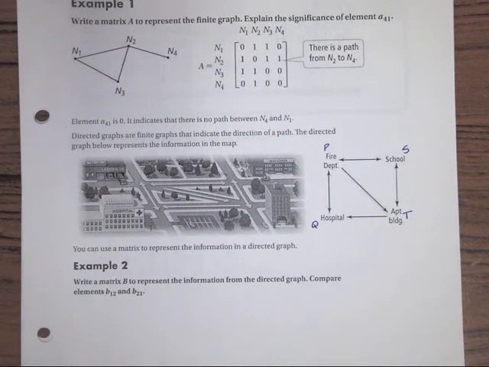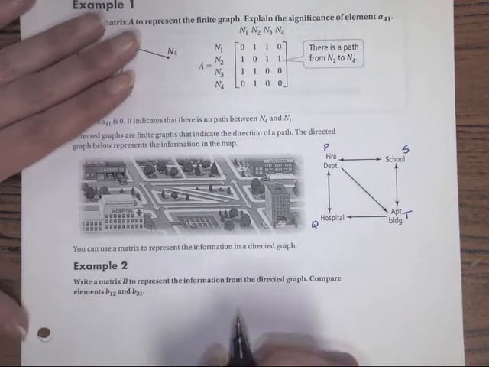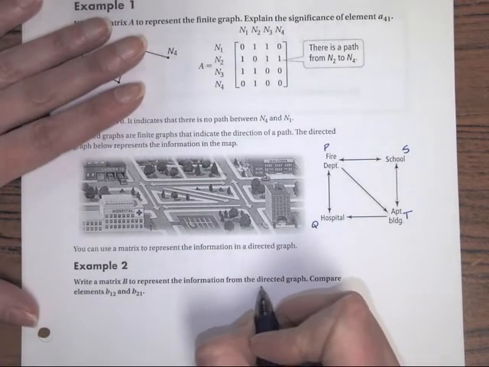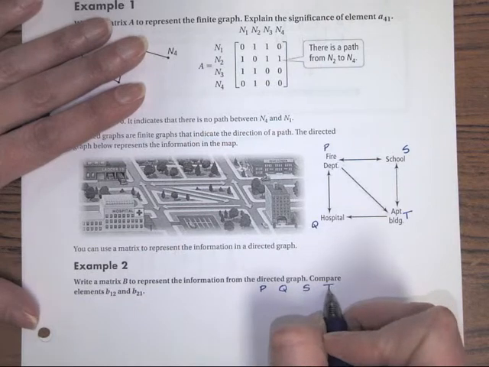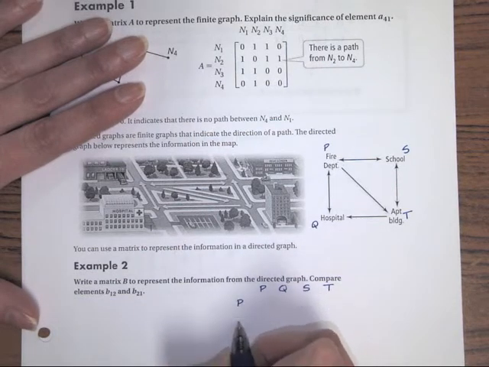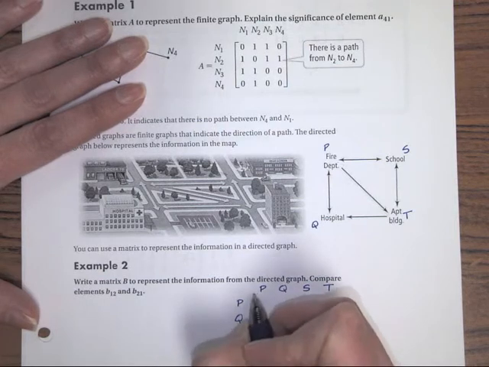You can name them whatever you want. P, Q, S, T across the top, P, Q, S, T along the left-hand side, right?